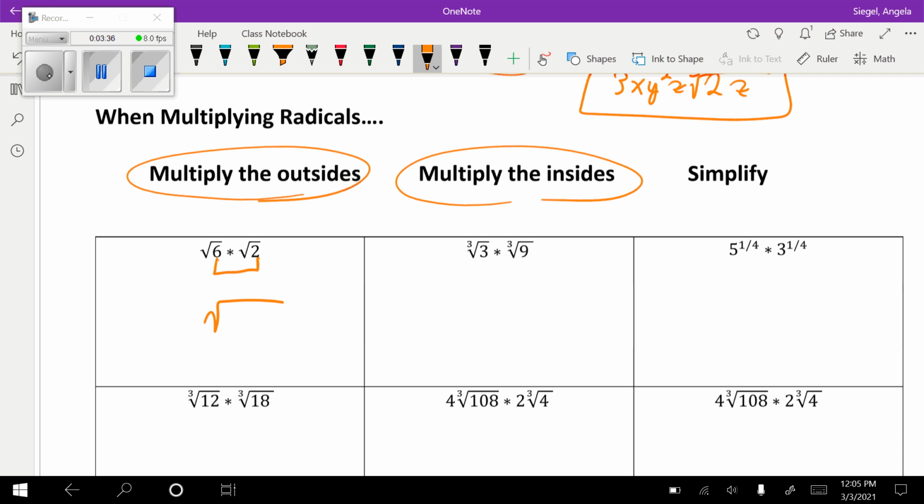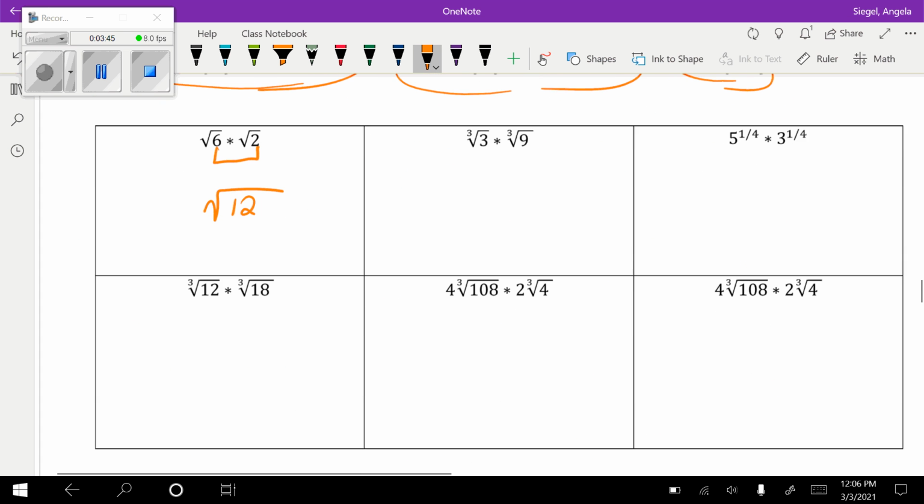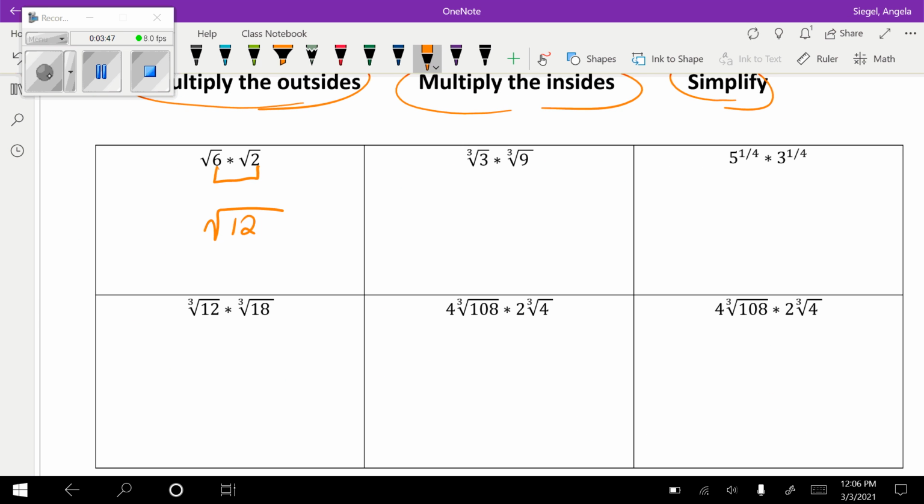So on the inside, I'm going to say 6 times 2, which is 12. Then I'm going to see if I can simplify. Does 12 have a factor that's a perfect square? And it does. It has a 4. So the square root of 4 times the square root of 3, and the square root of 4 is 2. So 2 times the square root of 3.